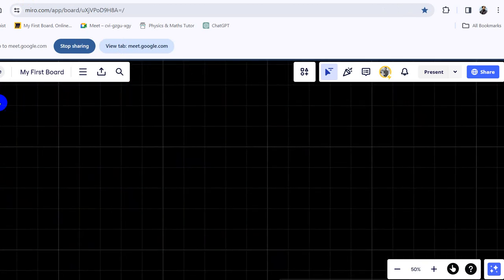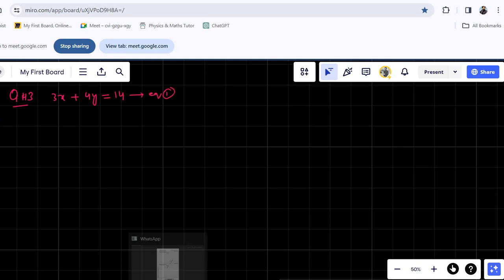So this is question number 3, and the equations are 3x plus 4y equals 14. This is equation number 1.